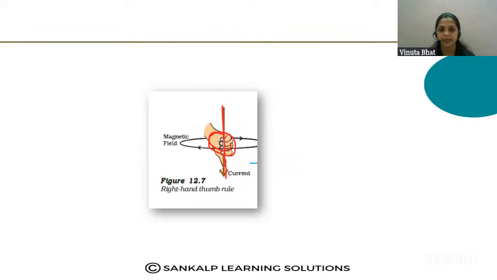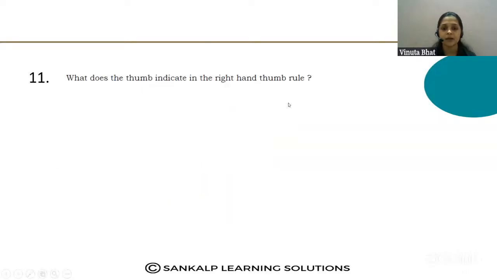Around a current carrying conductor there is a formation of a magnetic field, and the direction in which it is held gives the magnetic field direction. Here the thumb represents the direction of the current.